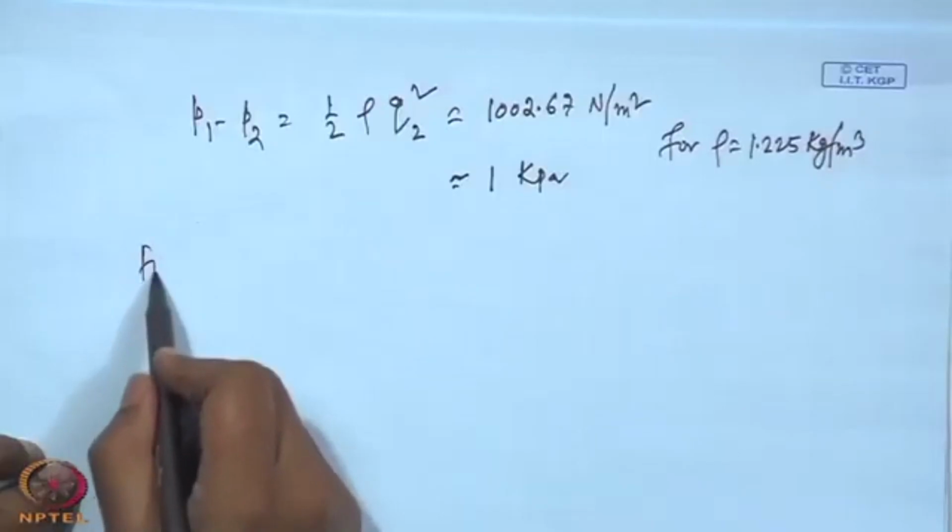There is a point about which the moment will not change as the angle of attack changes. For any other point, the pitching moment will be different at different angle of attack, but when you take moment about the aerodynamic center, the moment will not change with the angle of attack. So, this I will ask you to do.